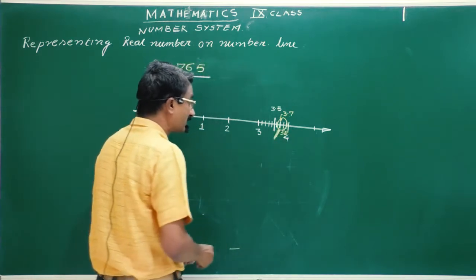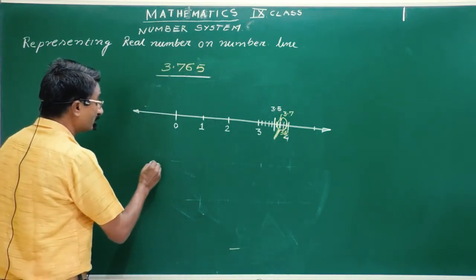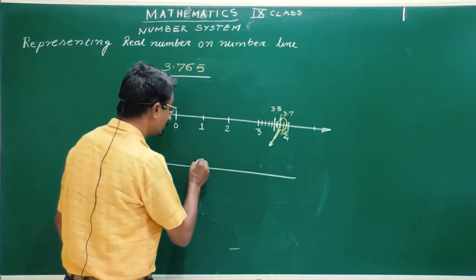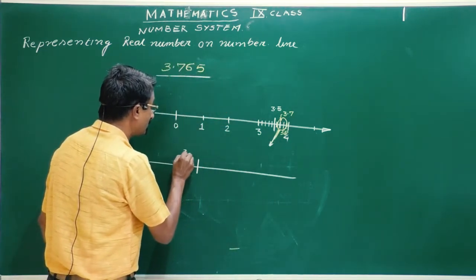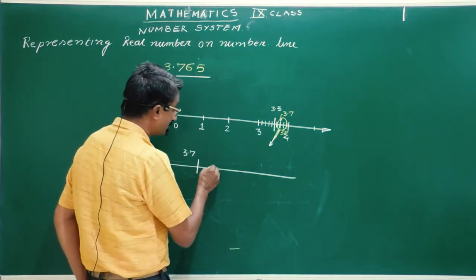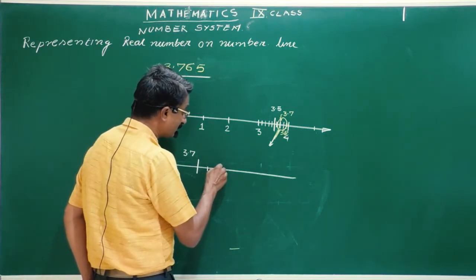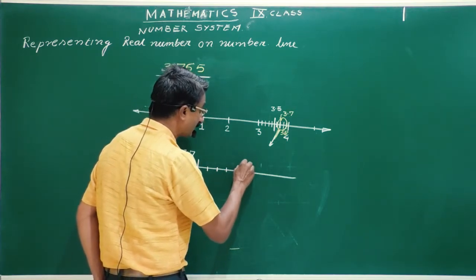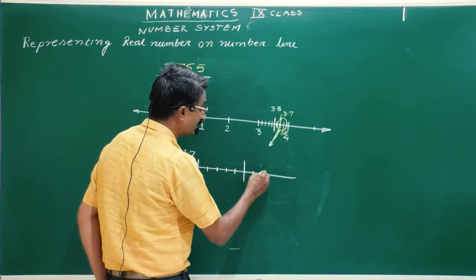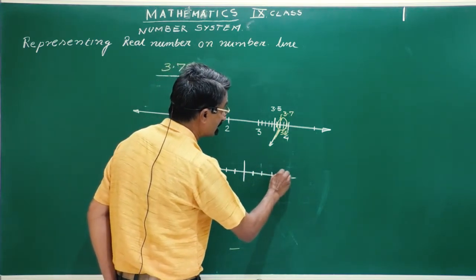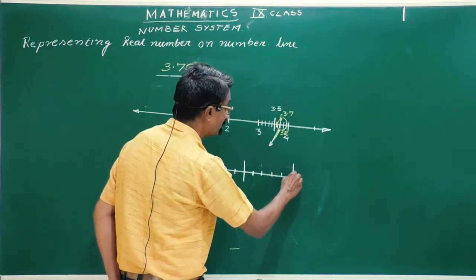So I will magnify this one. 3.7, 3.71, 3.72, 3.73, 3.74, 3.75, 3.76, 3.77, 3.78, 3.79, 3.8.